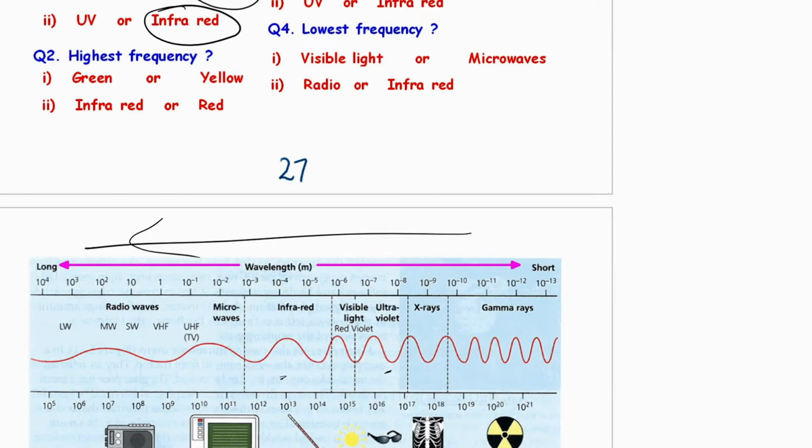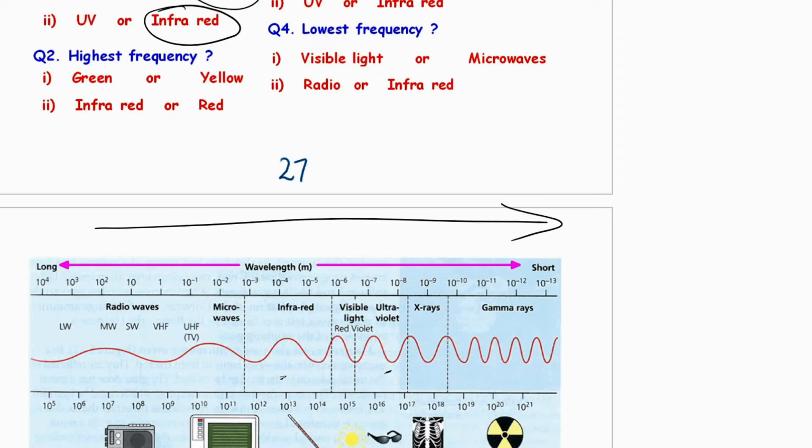High frequency. Now with frequency, the further you go to the right, the higher the frequency. So the more you go that way, the higher the frequency. Green or yellow? Well, if you remember, within visible light you've got ROYGBIV: red, orange, yellow, green, blue, indigo and violet.